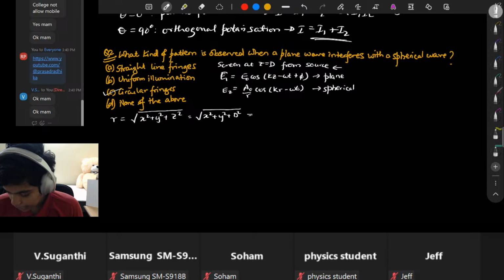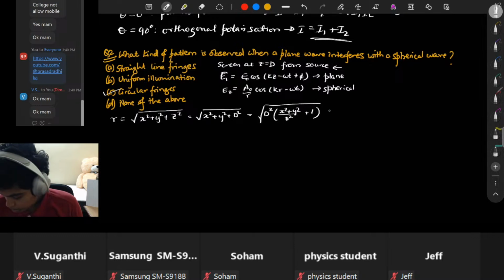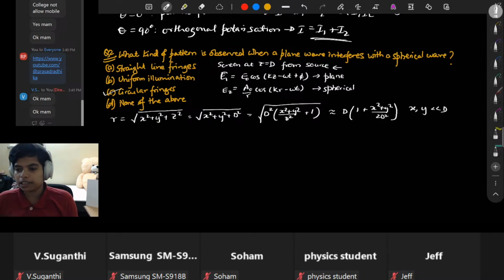Let us take d common, so it becomes d squared times x squared plus y squared over d squared plus 1, and then square root of that. Then we can apply the binomial theorem to get an approximate value. This is the approximation, and it is valid whenever x and y are very small in comparison to d.